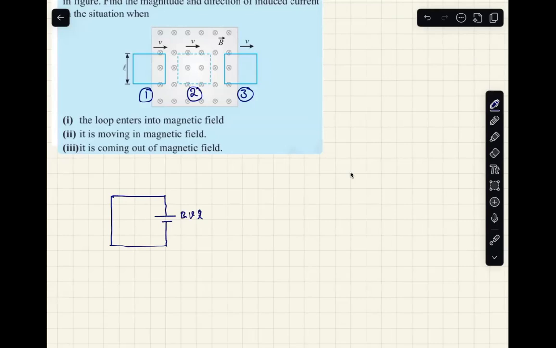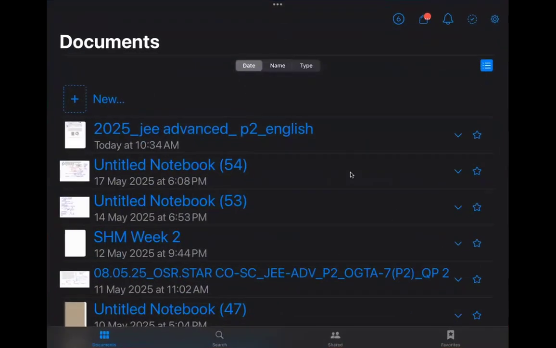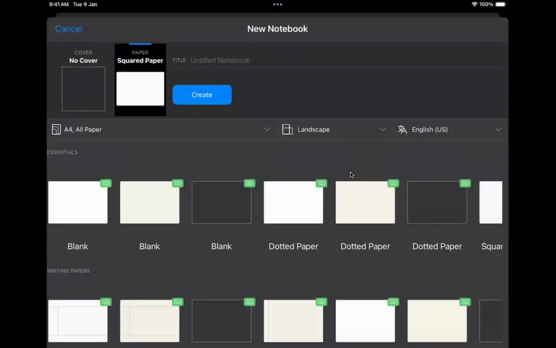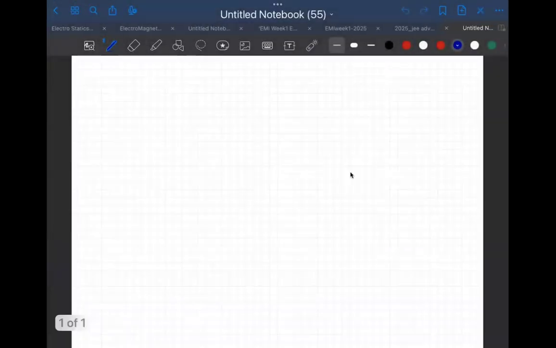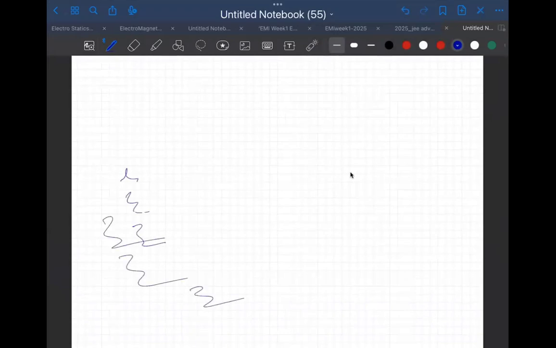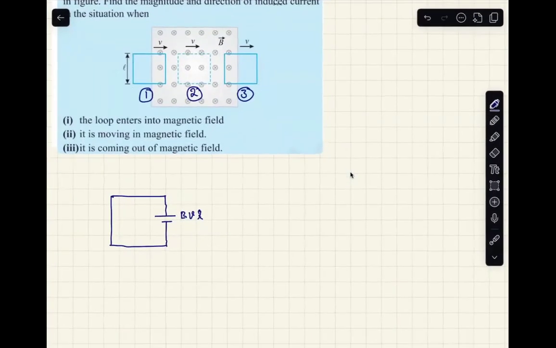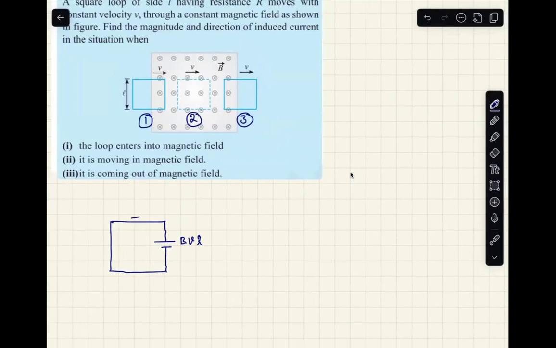Is there any problem with the pen, or do you just want to see that? Right. BVL. Yes, what do you want? Direction of the induced current is like this. Position 1.